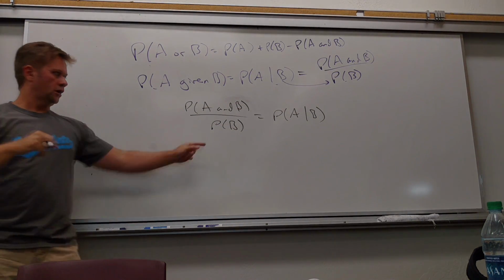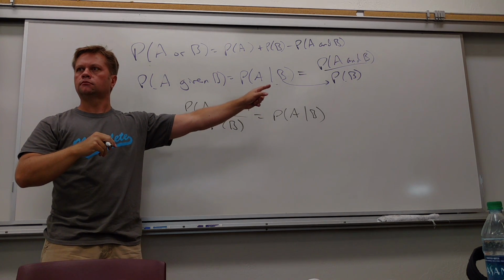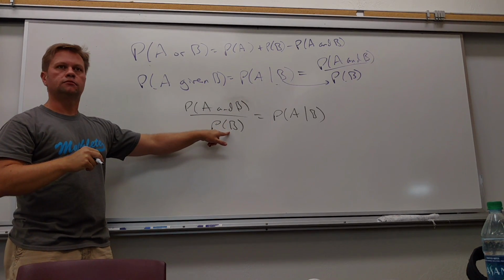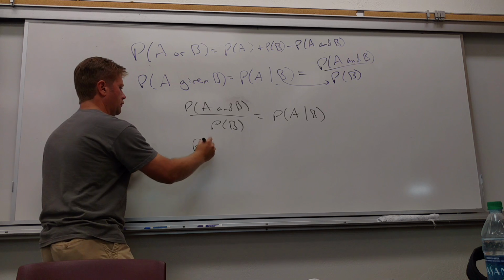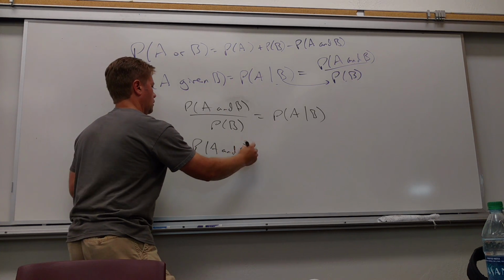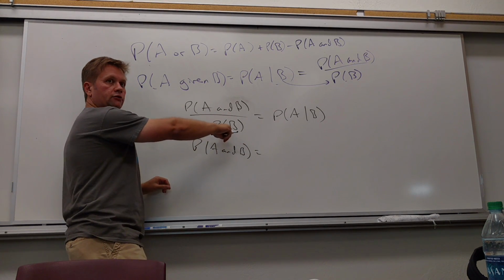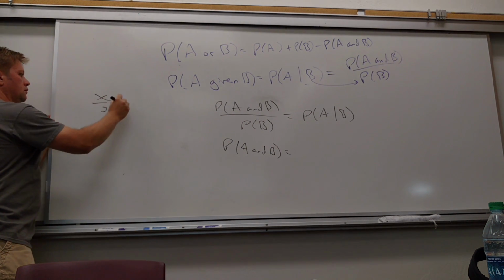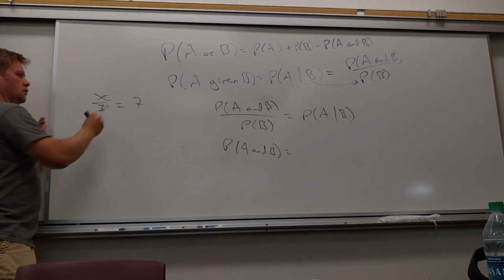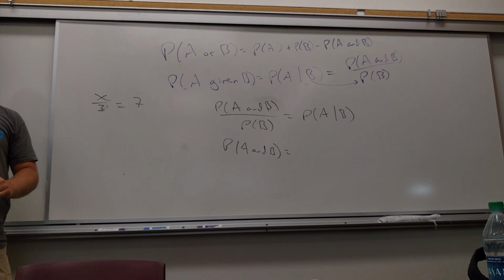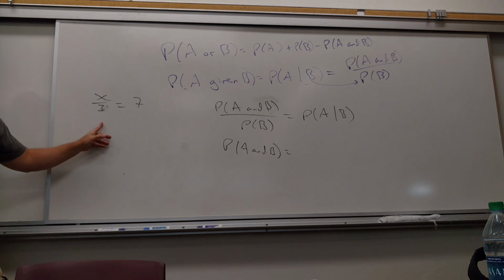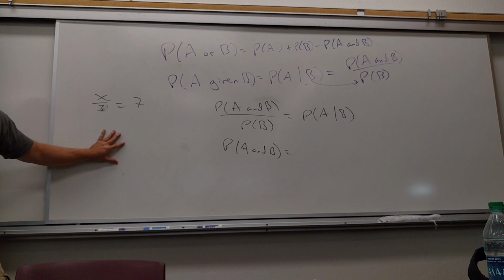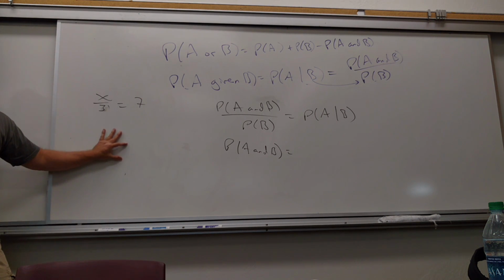Multiply that up, right? I don't want that here. If I want to get this by itself, don't I multiply by this to get rid of it? I love the way you guys work. How do you solve this equation? Okay, everybody in the room go, ah.